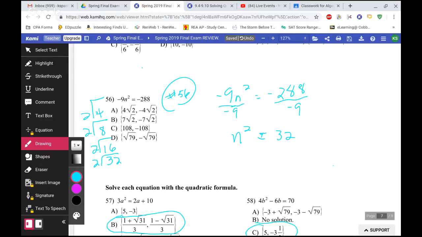Maybe this will help, Kennedy. All right, so I'm looking for pairs because pairs make squares. Are you still with me, Kennedy? Yes, ma'am. Okay, so I'm taking the square root of both sides. So I've got a pair of 2's, right?